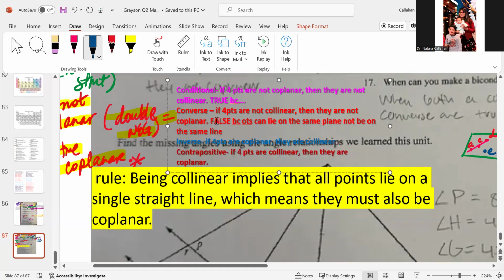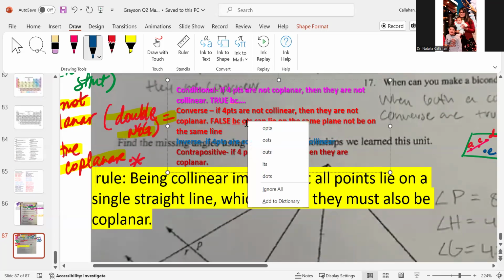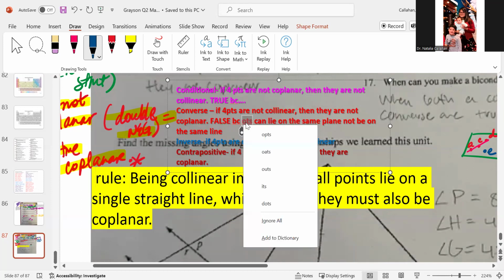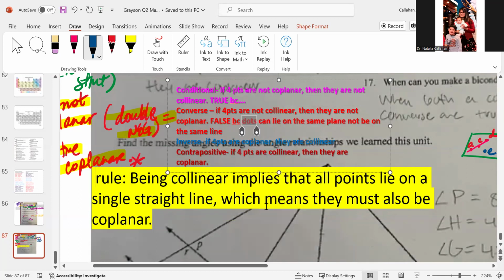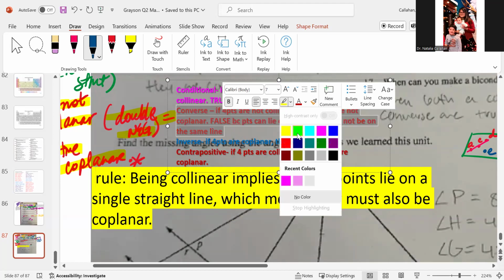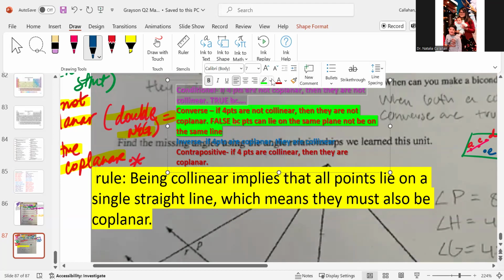Do you see that? Okay. Does that make sense? So that is going to be your converse. This is your conditional.